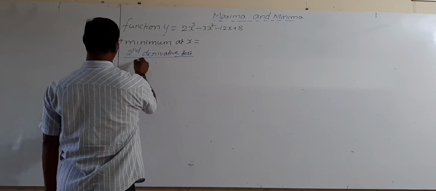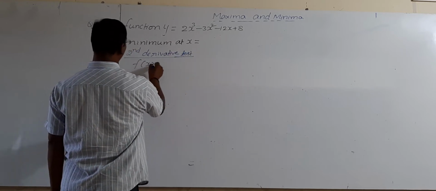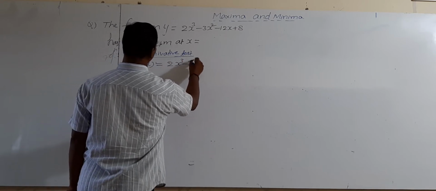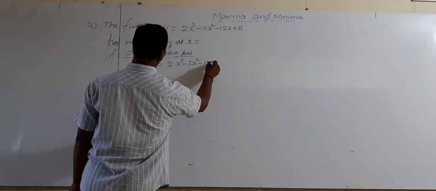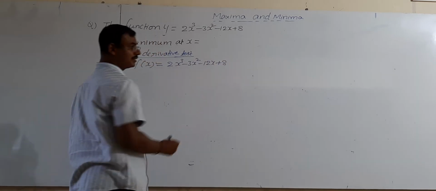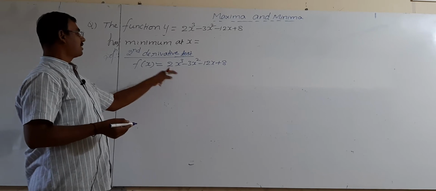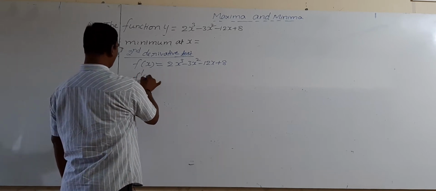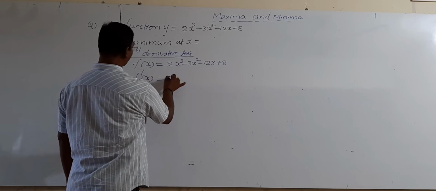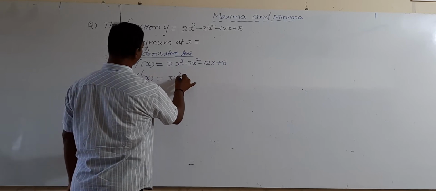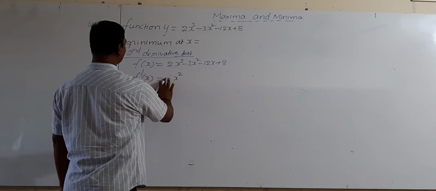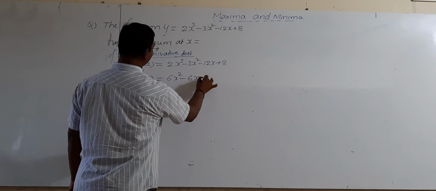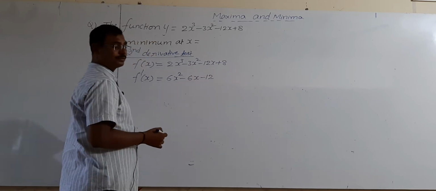So what is the function y, meaning f of x? f of x is equal to 2x cube minus 3x square minus 12x plus 8. Differentiating with respect to x, f dash of x is equal to 3x square into 2, 6x square minus 6x minus 12.